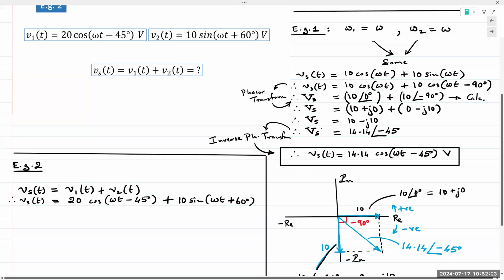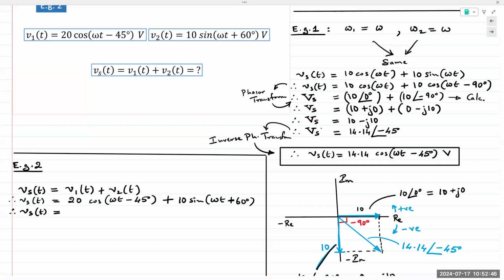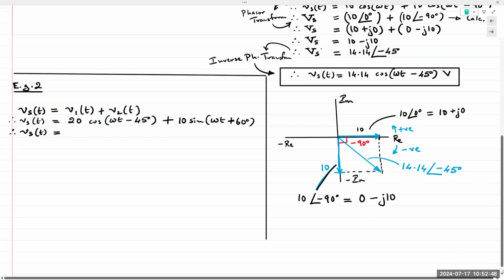When you have to add or subtract two signals, first look at the frequencies. The frequencies are simply given as omega. There are no values, but in this case it is exactly the same, and so yes, we can proceed. To perform a phasor transform, both of them must be in cosine. The first term is in cosine, the second one is not.